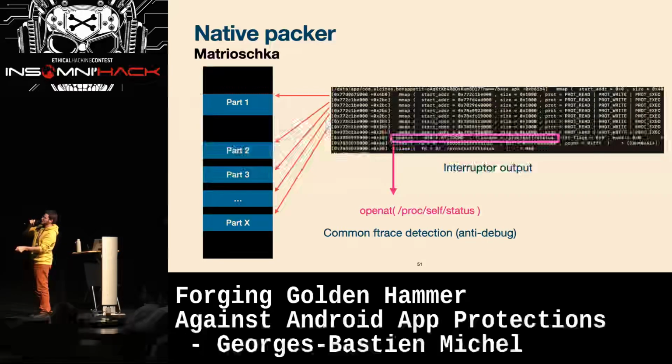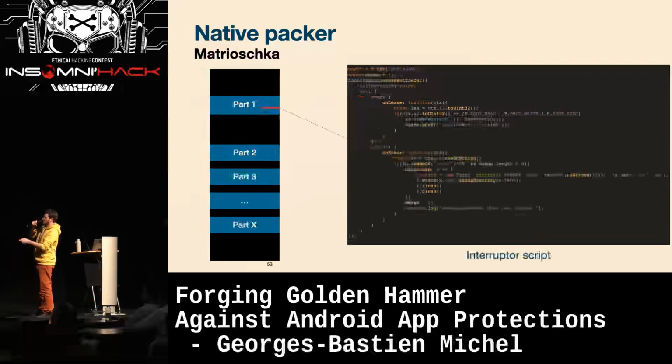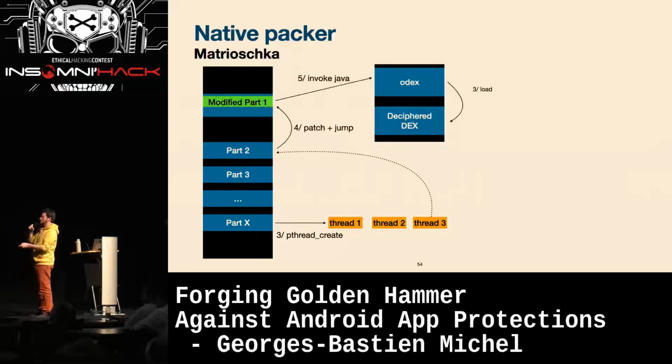The size comes from this call; all allocated regions have a size of 0x1000. So it helps us to filter what we will dump. And next, we hook our openat of proc self status, and we use a file API from Frida in order to dump each region. And in our case, such a region is not useless.